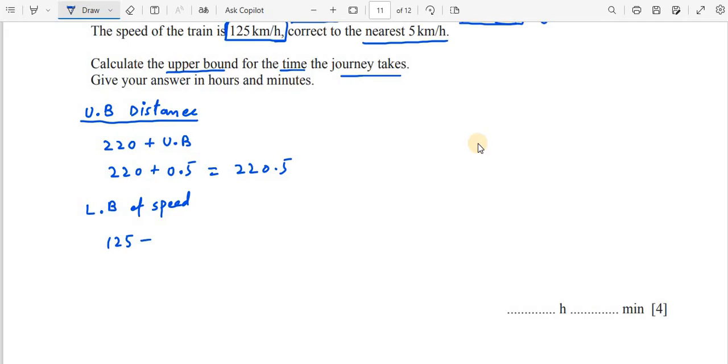The lower bound of 5 kilometers is 2.5. So subtract 2.5: 125 minus 2.5 is equal to 122.5. This is our distance and this is our speed.